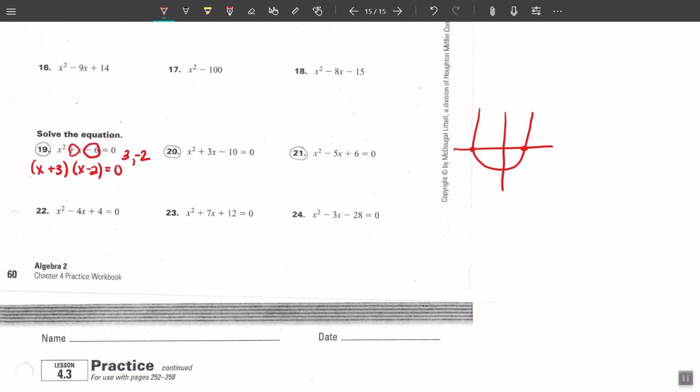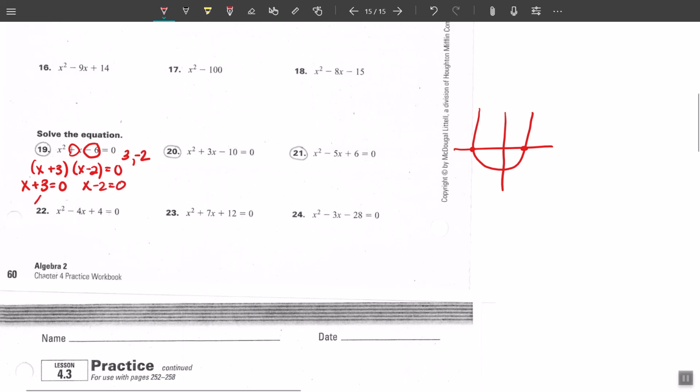Now, what we can do, since we know that, is we can say, well, if x plus 3 times x minus 2 equals 0, one or both of those binomials could actually equal 0. So we can set x plus 3 equal to 0. We can set x minus 2 equal to 0.